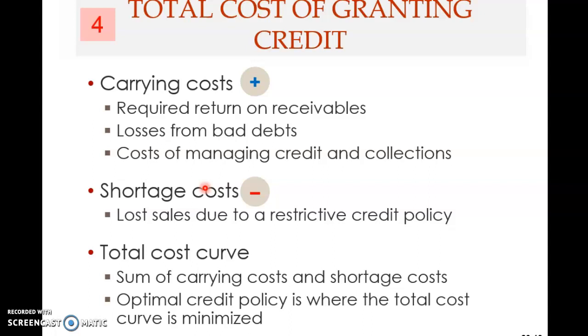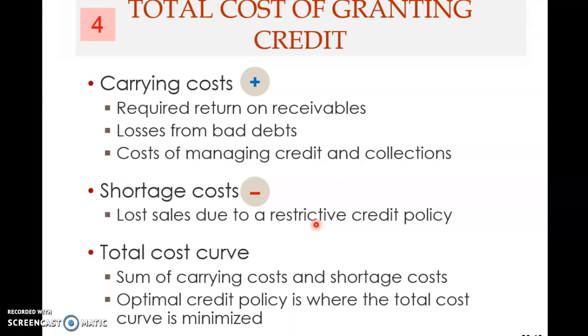So it's not immediately visible or measurable for the company. But definitely, we know that if you have a more strict credit policy, then you will lose sales. So if you have a more inviting, more positive credit policy, then you will increase sales.